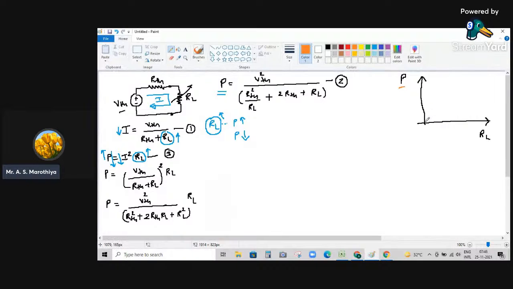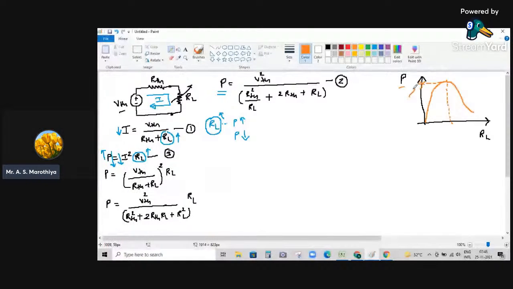Initially, when we increase RL, power also increases up to a certain point, and after that, current becomes dominating and leads to the reduction in the value of power. So it is going to be like this. At this particular point, we have the maximum value of power.